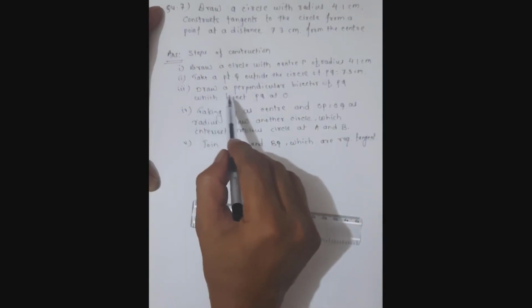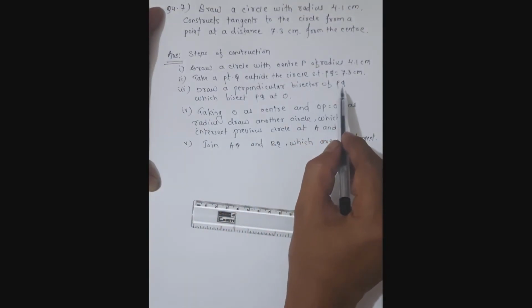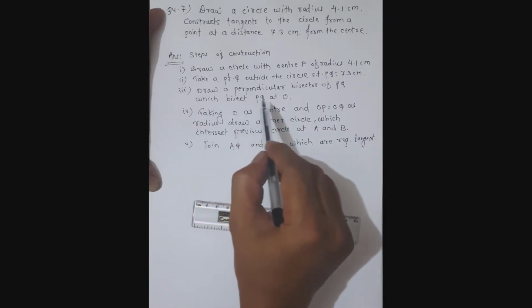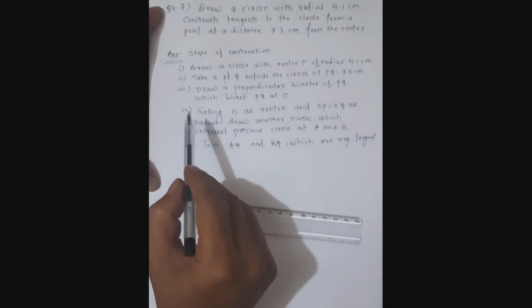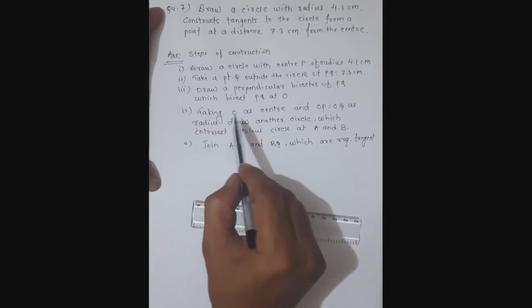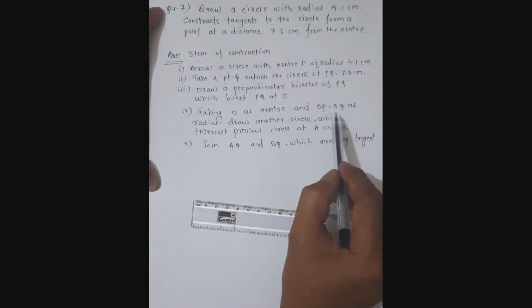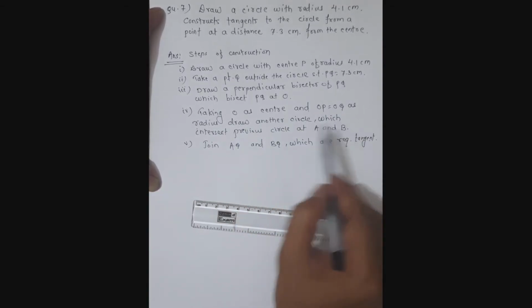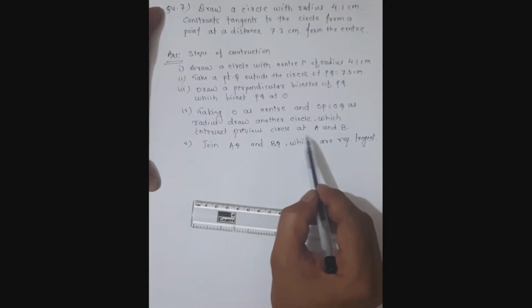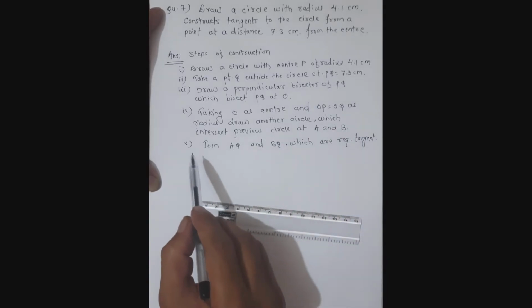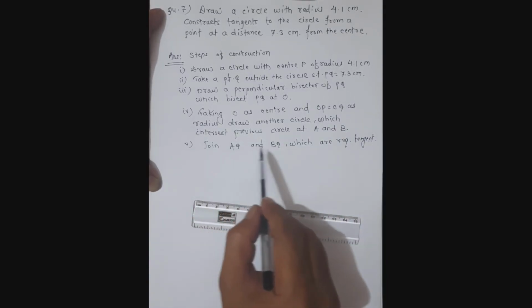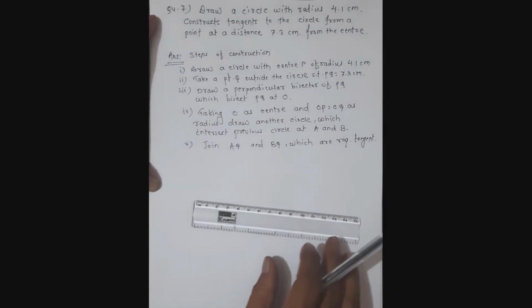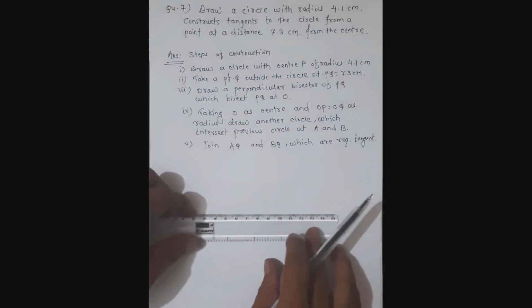Then draw a perpendicular bisector of PQ which bisects PQ at O. And the fourth step is, taking O as center and OP equals OQ as a radius, draw another circle which intersects the previous circle at A and B. Then we join AQ and BQ, which are the required tangents. So following these steps, we do the construction.